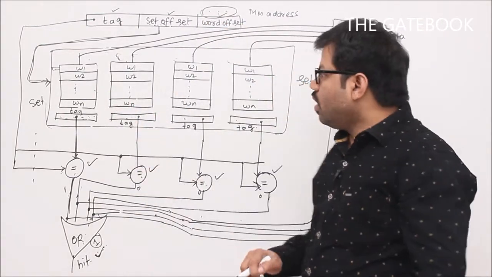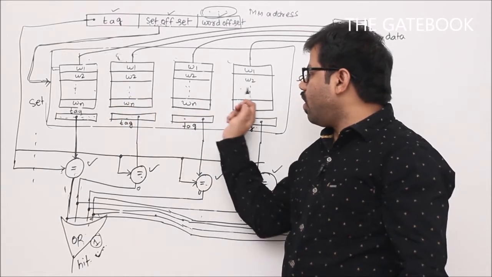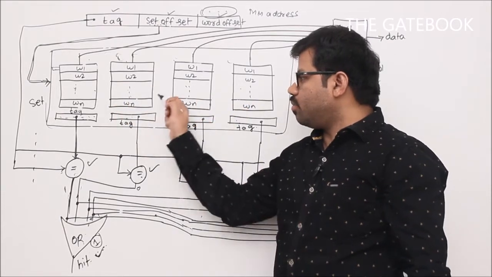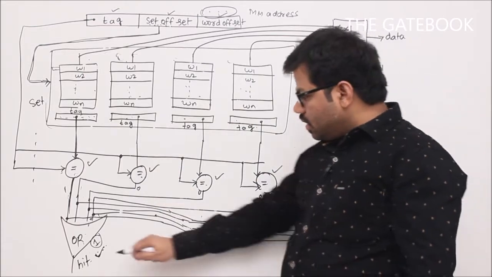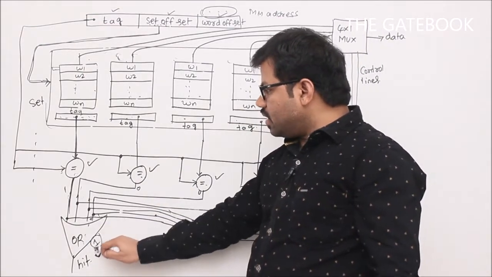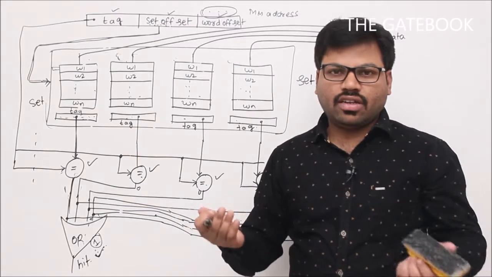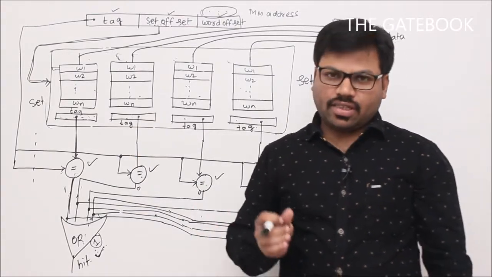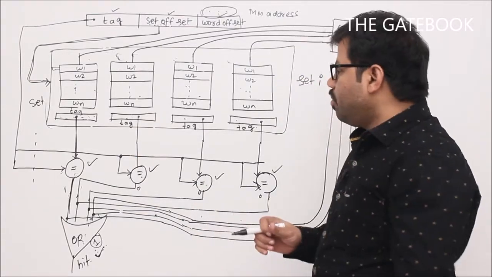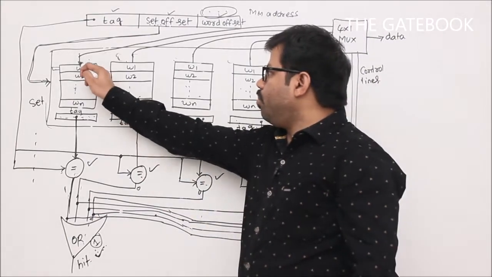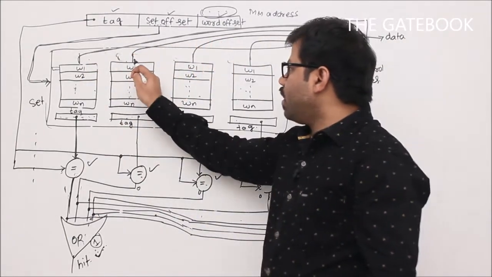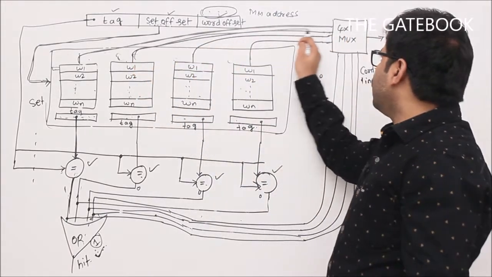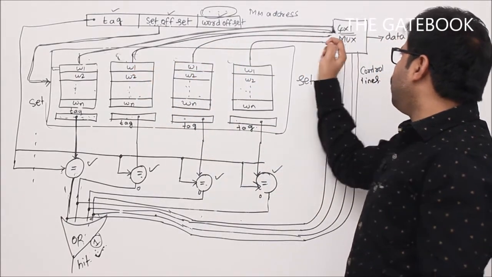But so far, sir, how to select a block? We don't have any mechanism so far to find the correct block, right? This OR gate just simply says that yes, data is available, but where? That's why we sometimes use a multiplexer. How will the multiplexer be used? Let's say every block's data part is connected like this to a 4x1 multiplexer.